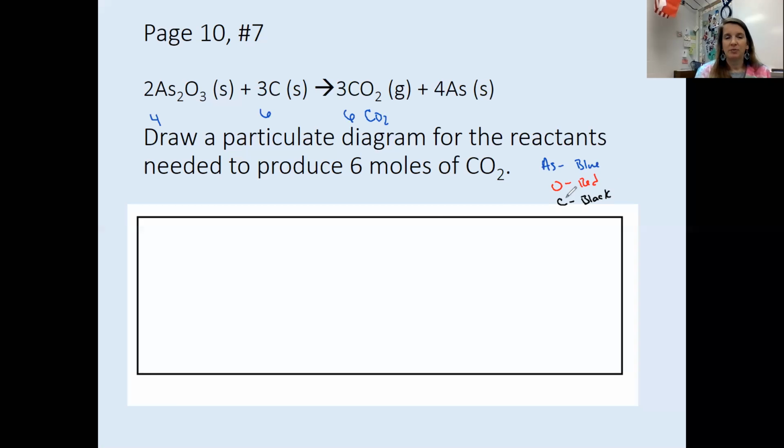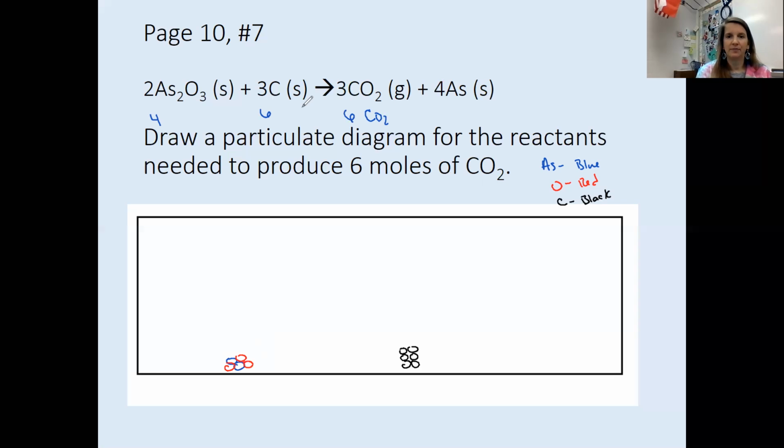I'm already in black, so I'm going to go ahead and do that first. So we need 6 carbons. This is a solid, so it would be tightly packed down here at the bottom. I need 4 diarsenic trioxides, and that is a solid, tightly packed down here at the bottom. So I would need 2 of these and 3 oxygens.